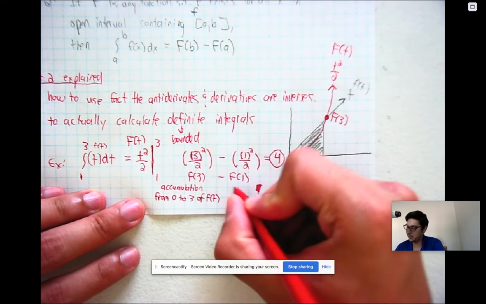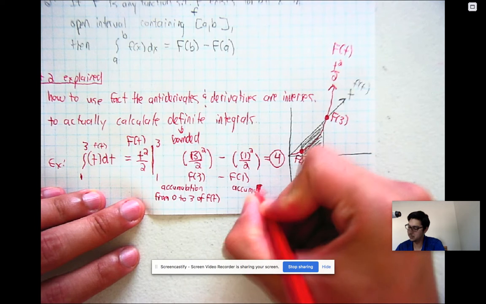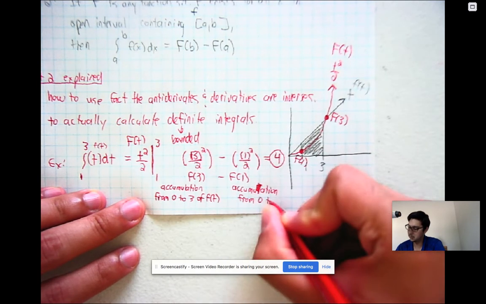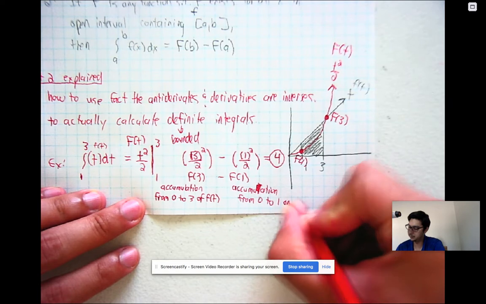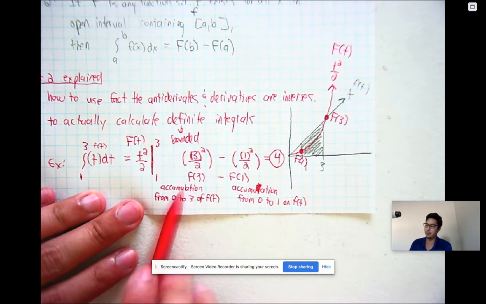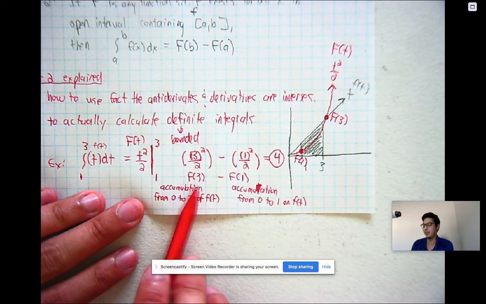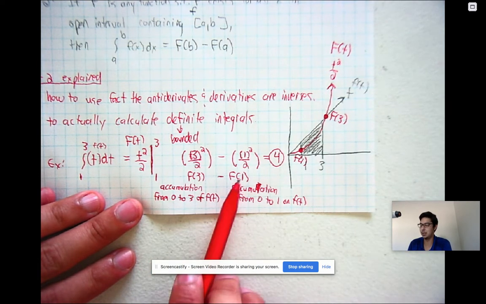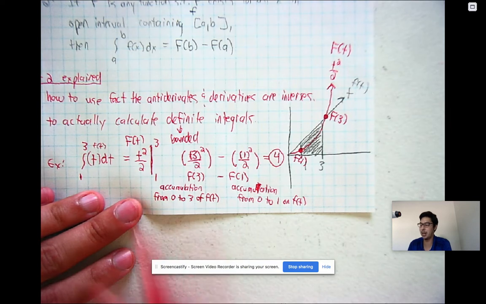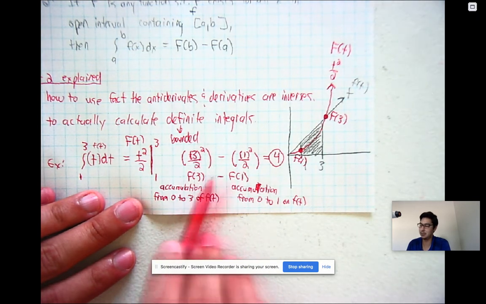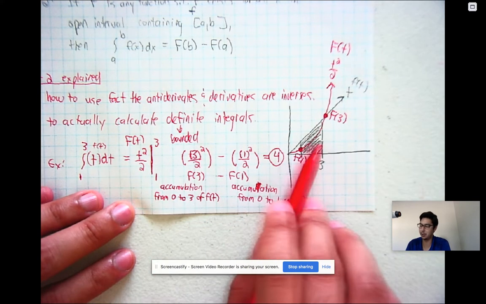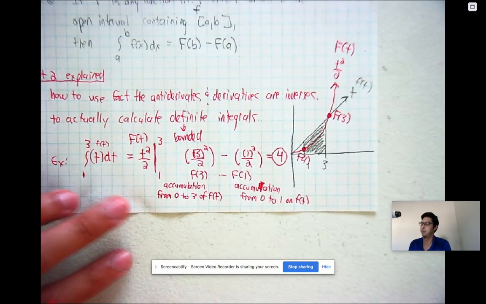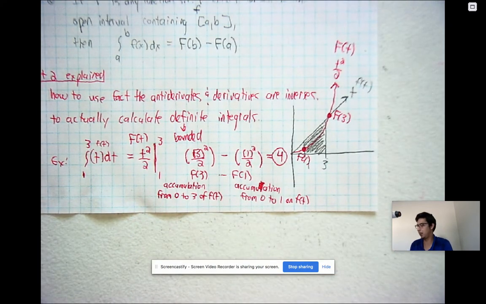And f of 1 is the accumulation from 0 to 1 on f of t. So notice that when we see these as accumulations, if f of 3 is everything that's accumulated over 3 hours, f of 1 is everything that's accumulated over 1 hour. If we subtract these two, that's what gives us the accumulation or the area under the curve from 1 to 3. So there it is, the fundamental theorem of calculus explained.